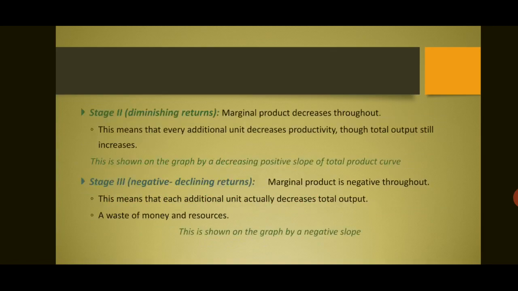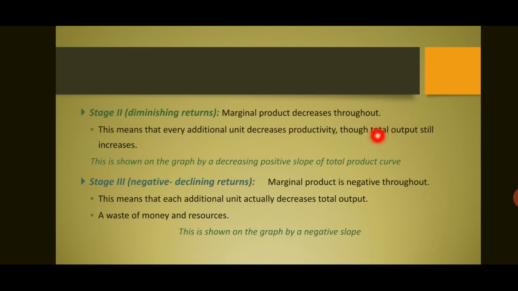So what is the stage 2 part? That is diminishing returns. Marginal product decreases throughout. This means that every additional unit decreases the productivity, though total output still increases. So what is the meaning?